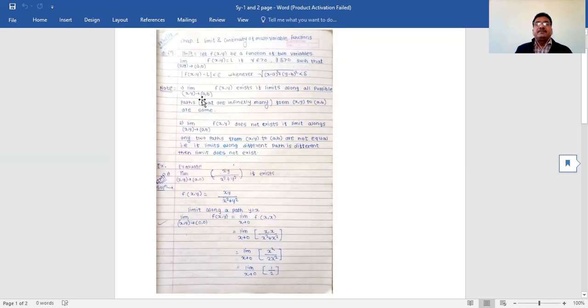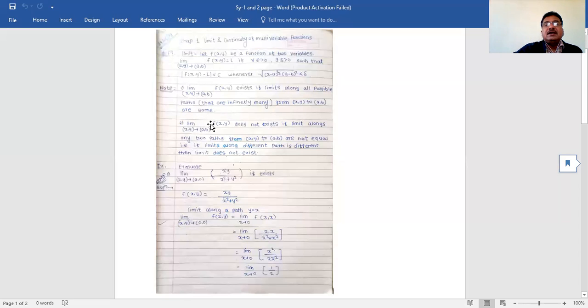But here (x,y) is a point in the xy plane, and it tends to (a,b) in a straight way or in a different way, such as along a parabola or in a zigzag motion. There are infinitely many paths along which (x,y) tends to (a,b).